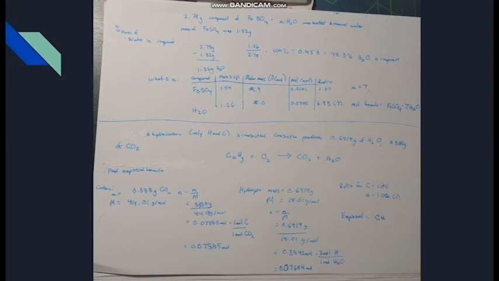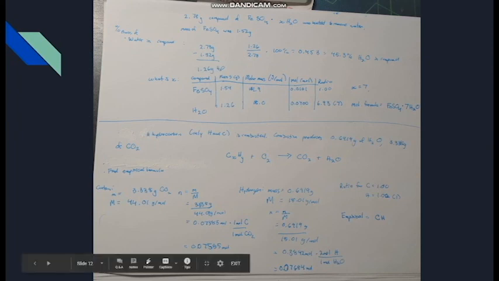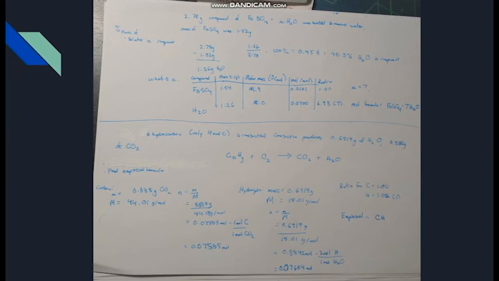how many moles of carbon and how many moles of hydrogen are being used within this experiment at the product side. To do this, we take the mass of carbon dioxide that we already have, 3.338. We take the molar mass, which we can find by looking at the periodic table, and we divide to get the number of moles of carbon dioxide.